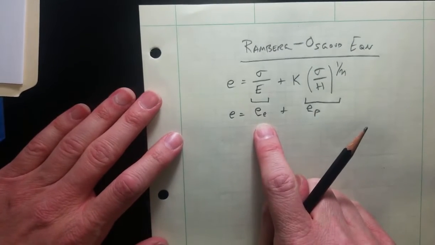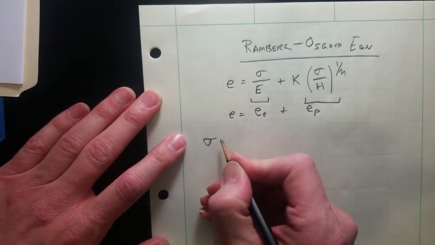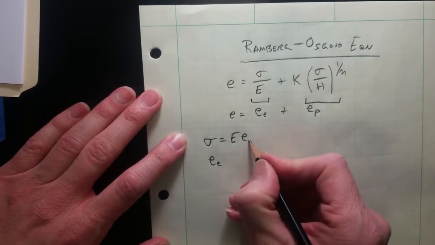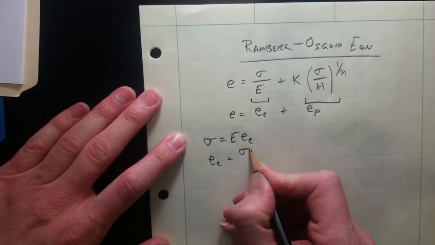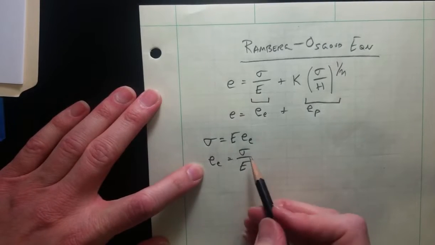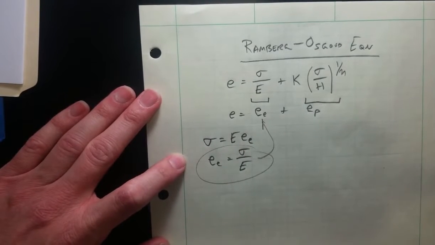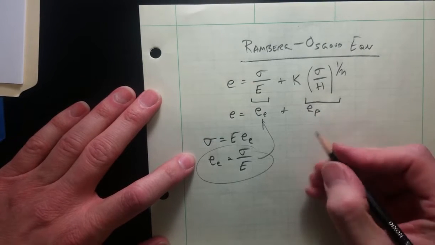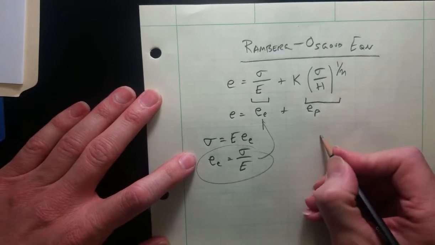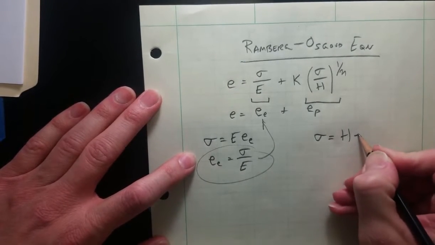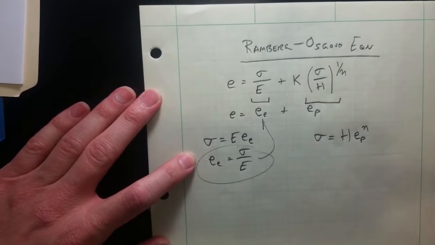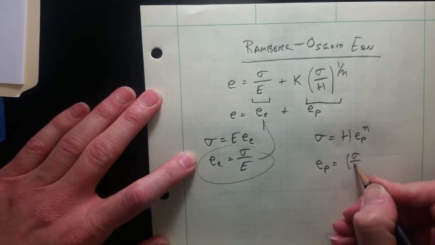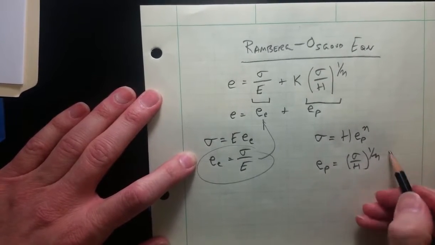So this elastic strain is from our Hooke's law, so there's an E there. And our plastic strain is coming from a power law, which means that εp is equal to (σ/H)^(1/n).